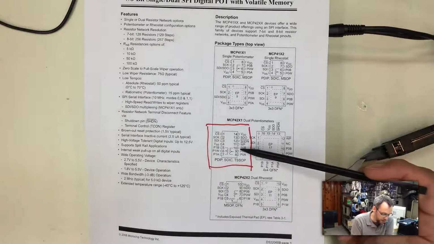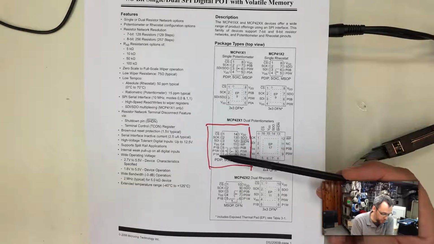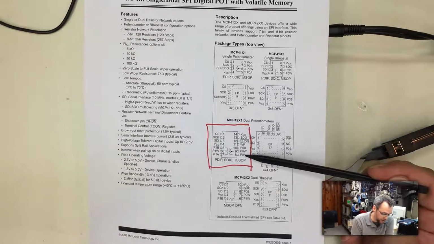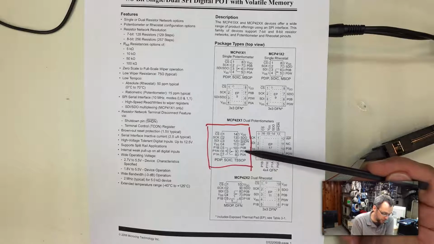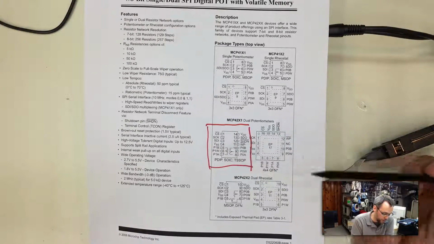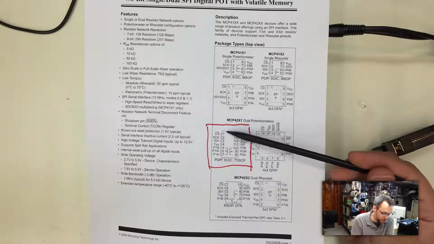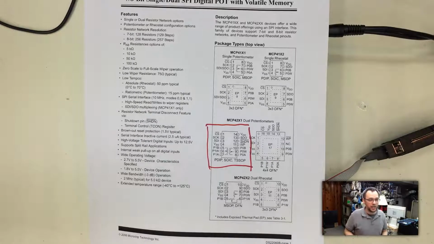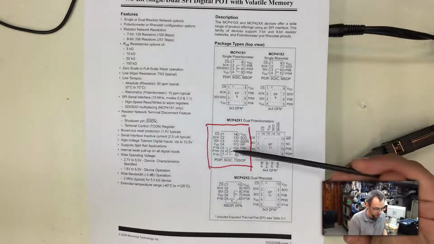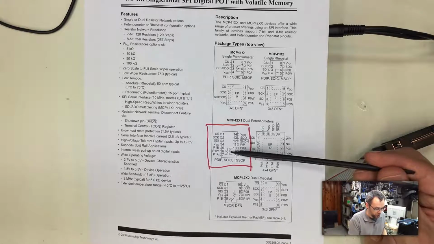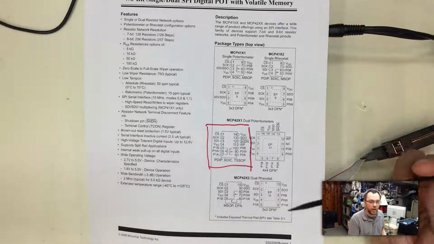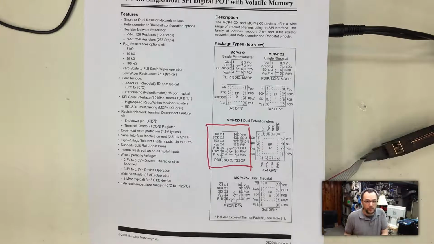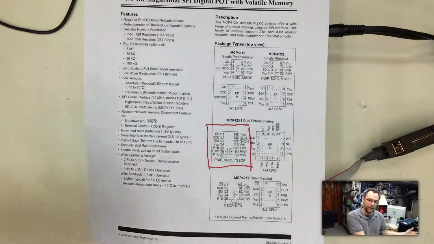These pins here are the terminals and wipers. So this is for potentiometer 0. It's got the A terminal, B terminal, wiper. Same over here, A, B, and wiper. So as you change the potentiometer value, as you send it a command to say, this potentiometer, I want to have value 87, it will effectively shift the wiper towards one side or the other of that potentiometer, giving one side more current and one side less current, which means one side gets louder and one side gets quieter.